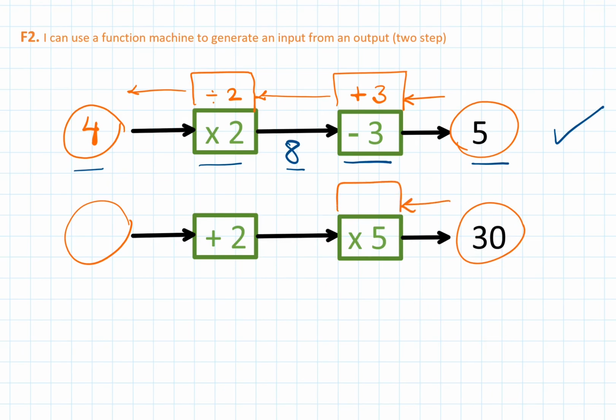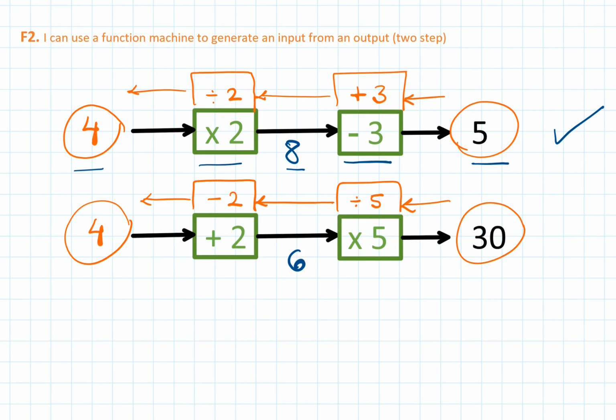The inverse of multiplying by 5 is dividing by 5. 30 divided by 5 is 6. So our intermediate result is 6. And then we continue working backwards. The inverse of adding 2 is subtracting 2. 6 subtract 2 will be 4. So our result here will be 4.